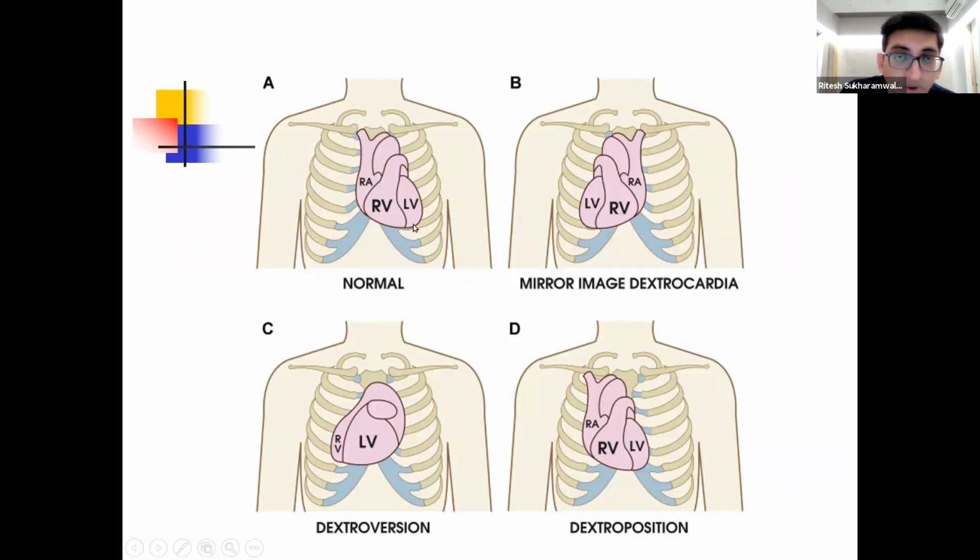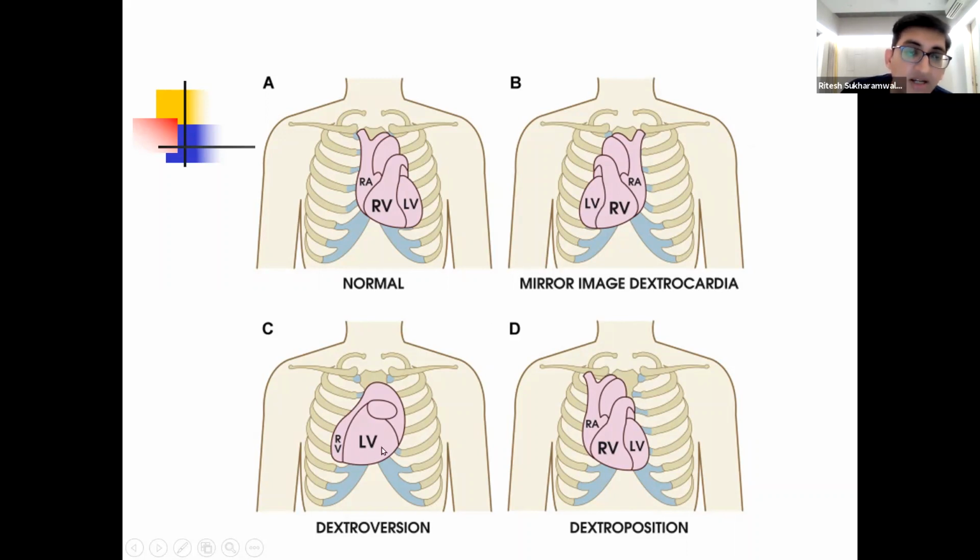When you hold the apex and rotate the heart so that the apex comes on this side, it will lead to dextroversion. In this particular case, the apex is on the right. In dextroversion also the apex is on the right, but here it is a mirror image. The right ventricle is anterior and the left ventricle is posterior.